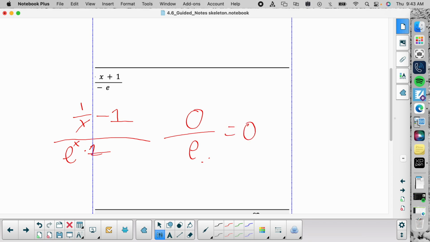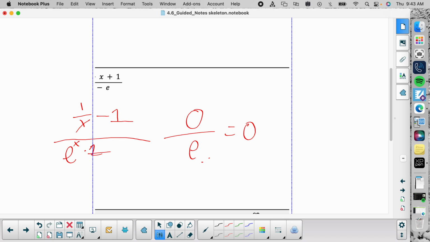Okay, now here's something. This question is here for a reason. I like this question because I bet some of you would have gotten an answer of 0 on the top and immediately been like, oh, L'Hopital's again, and then done the derivative one more time.